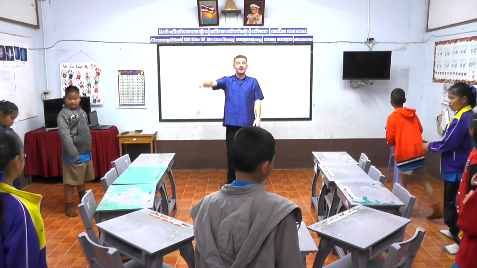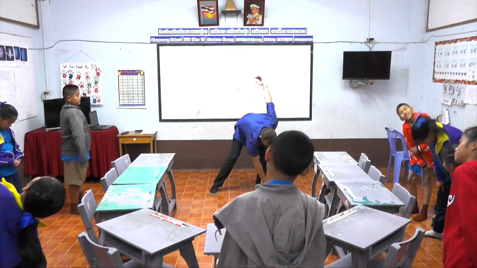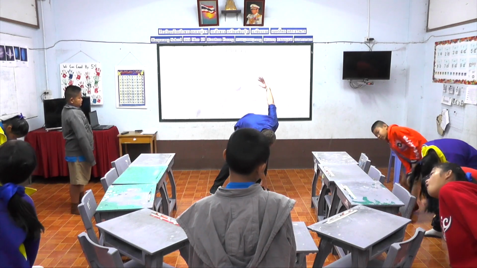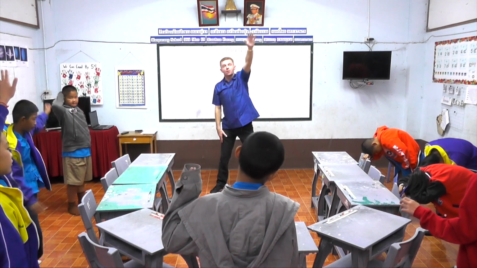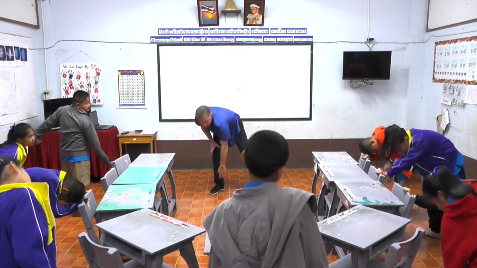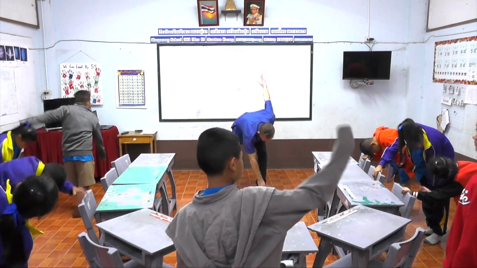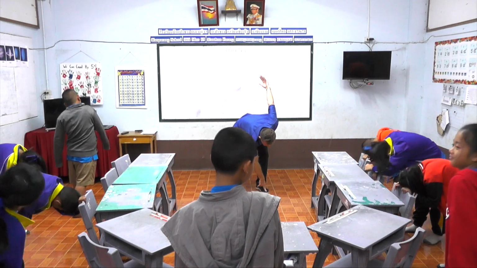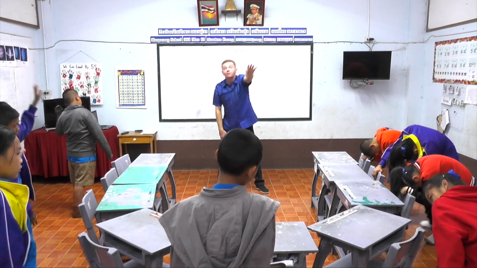Brilliant. And now we can take our right hand, find our left foot, and take our left hand to find our right foot. Right hand, left foot. Left hand, right foot.